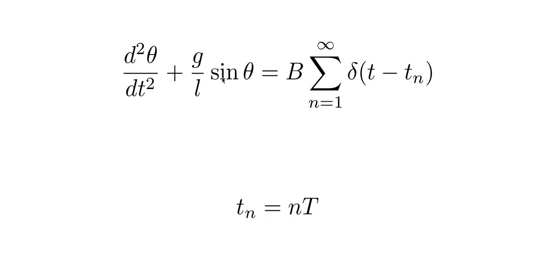That is, this system obeys a certain natural frequency determined by this magic number g over L, but you're driving it with a periodic function whose frequency is slightly out of sync. Anyways.